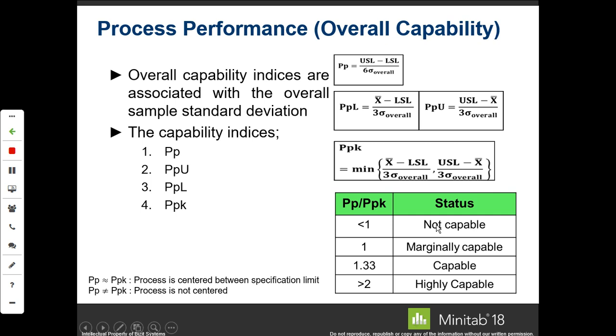If 1, it is marginally capable. If your Pp or Ppk is 1.33, it is capable. If Pp or Ppk is more than 2, it is highly capable. Same as before, if Pp is almost equal to Ppk, it means your process is centered between the specification limits. If Pp is not equal to Ppk, the process is not centered.